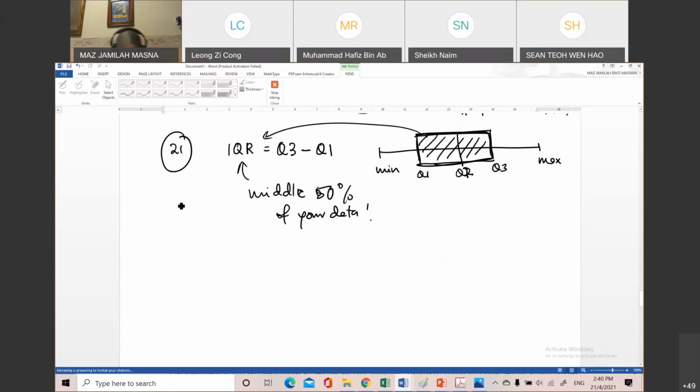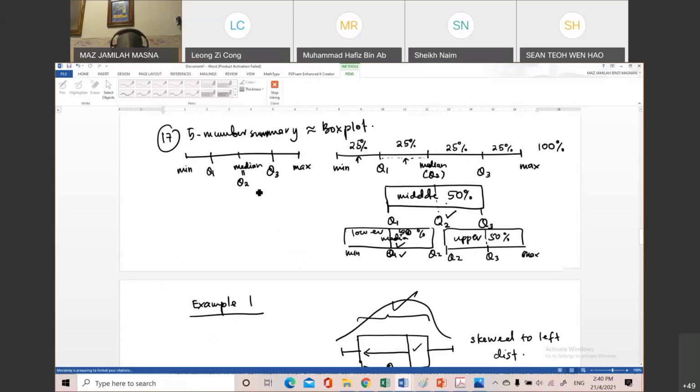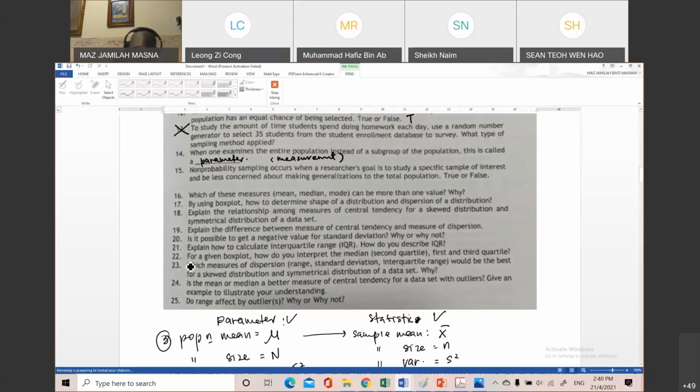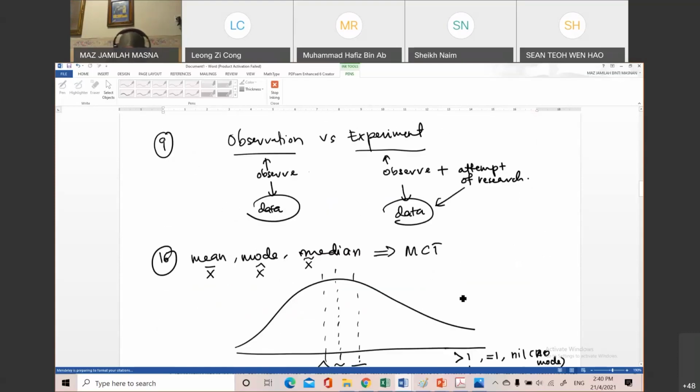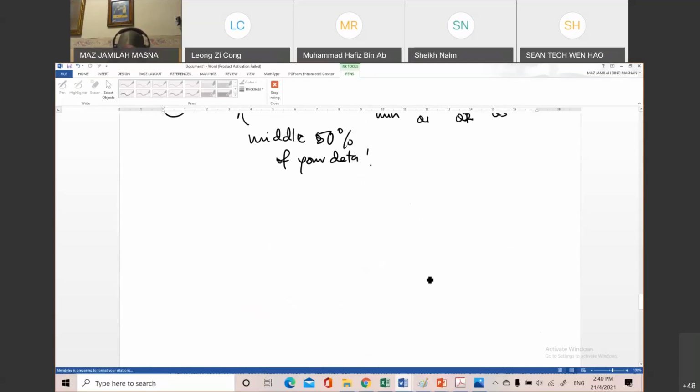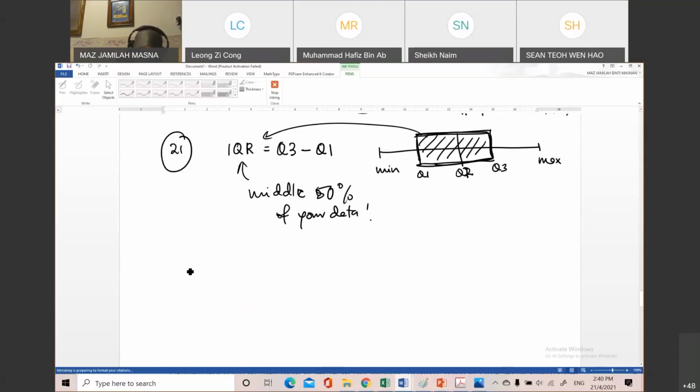So again, you are talking about the median of each lower, middle, and upper 50% of your data.